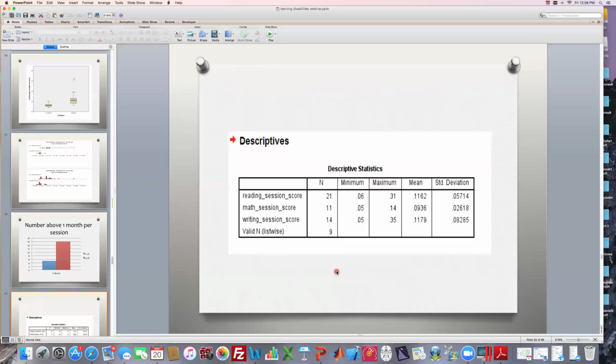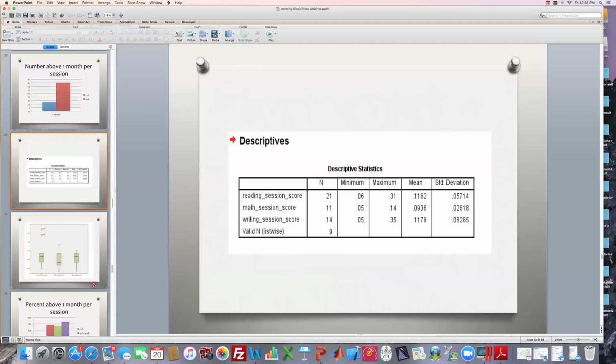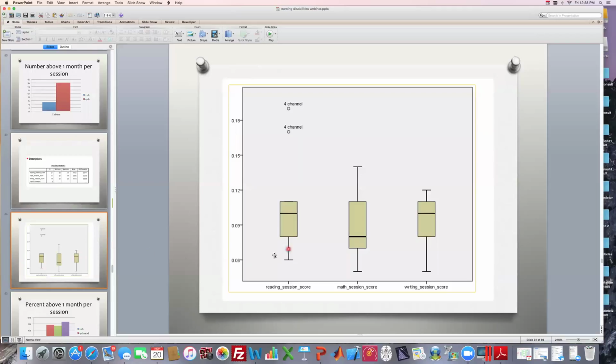We also then, at the end of this, looked at changes in math and writing scores, because we had those on the educational testing, and looked at those between the groups. And as you can see here, there was no significant difference when you were trained with 4 channels in terms of your reading, math, or writing scores.